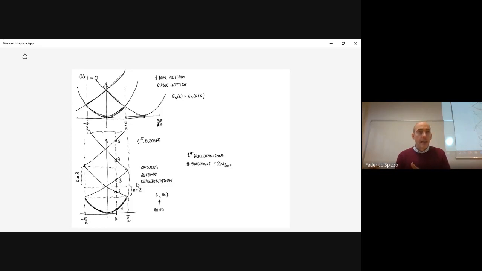So if you have just N electrons, this means that the first band is enough to host all those electrons. In this picture, if Z_A is equal to 2, this means that you need to fill completely the first band to host 2N electrons. If Z_A is equal to 3, then you completely fill the first band and you have half filled the second band, and so on, depending on the value of Z_A.